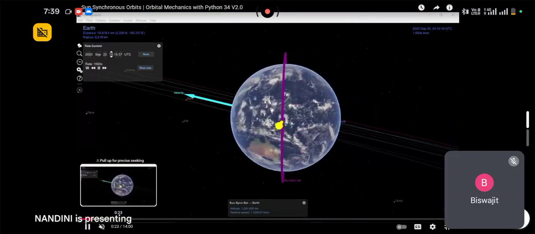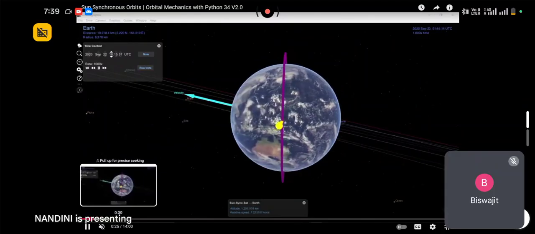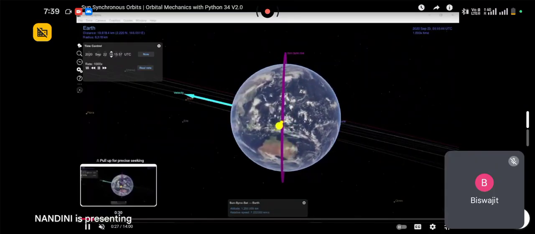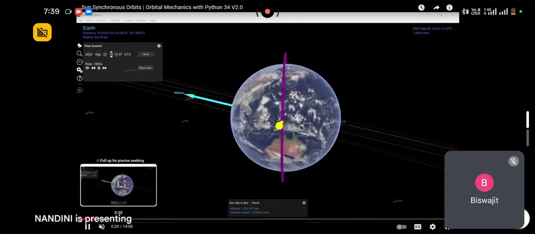So it takes rotation like this, from north to south pole.